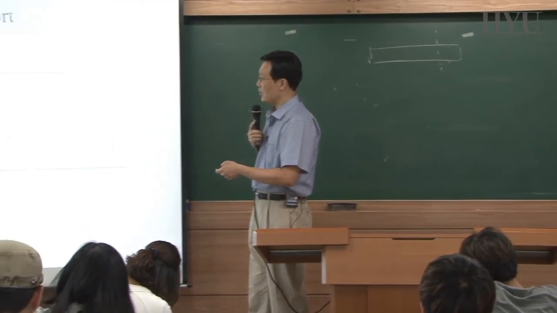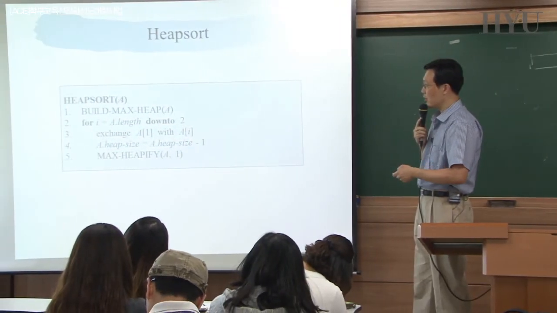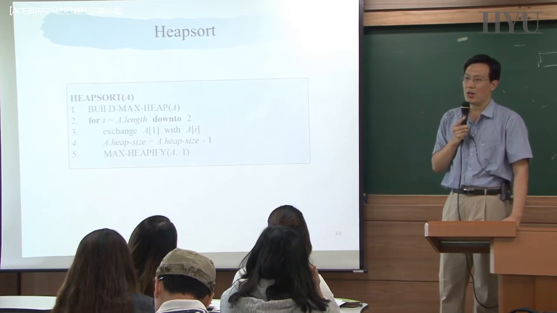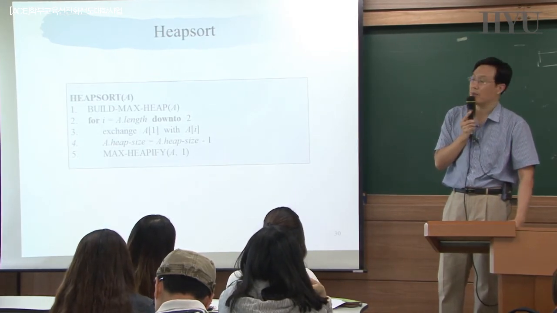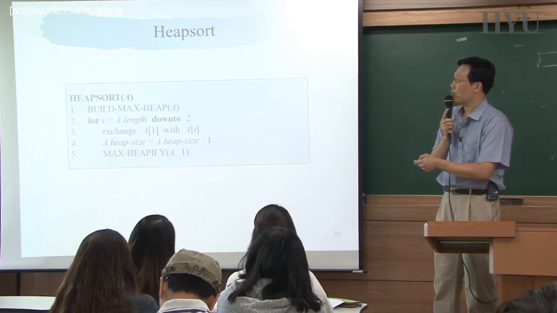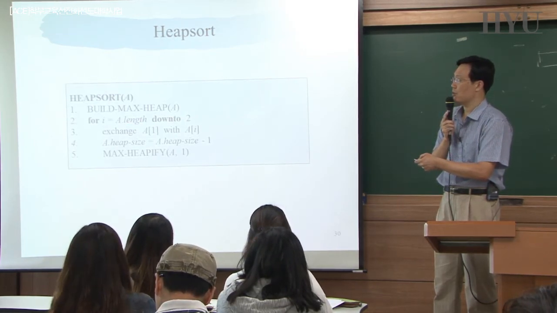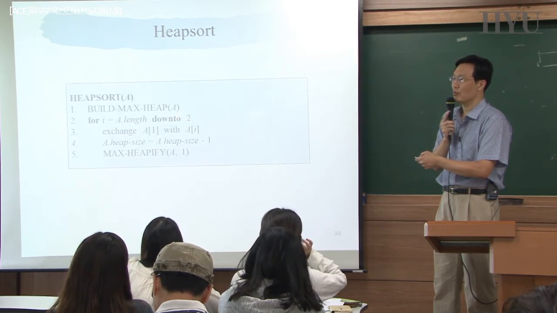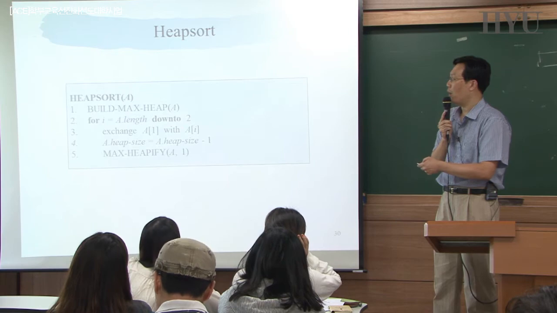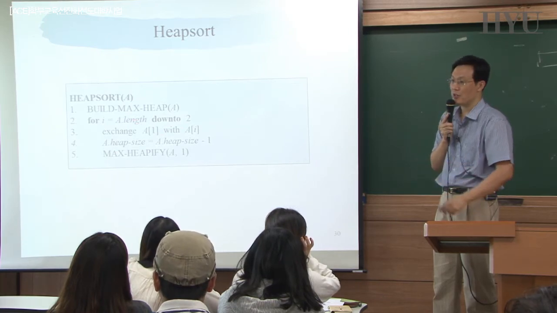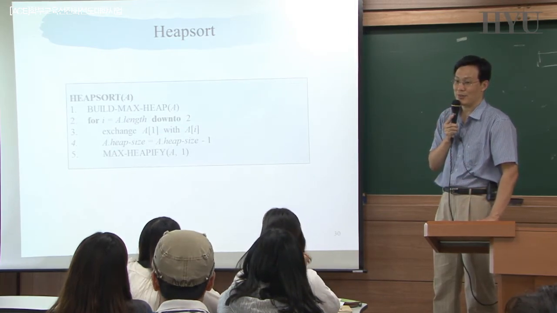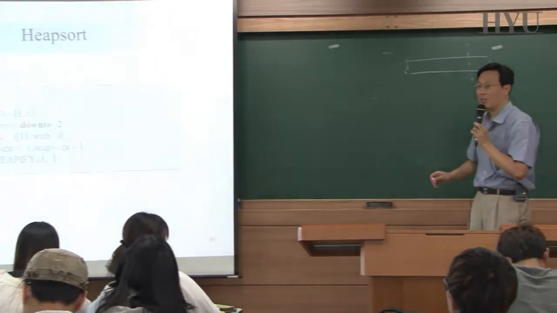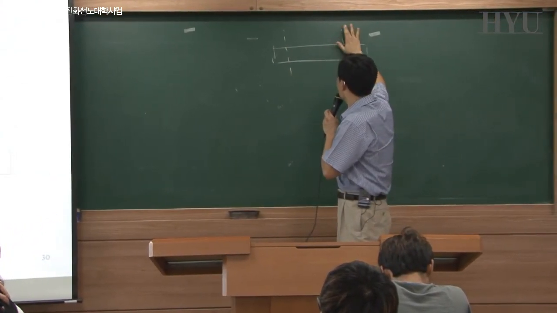Okay, the pseudocode is given here. And a simple improvement is this. The for loop runs from the largest index to only index 2. We don't perform max heapify, we don't extract the first element, because after the n-1 iteration, the shape is like this.